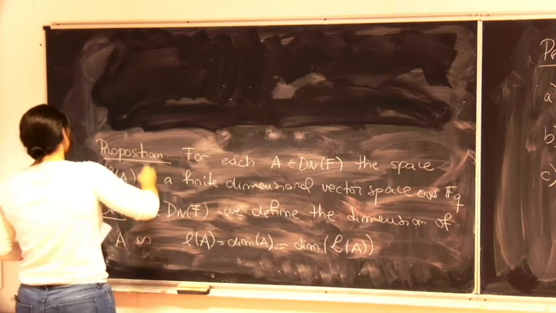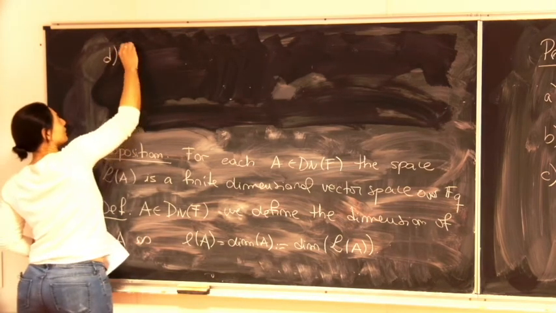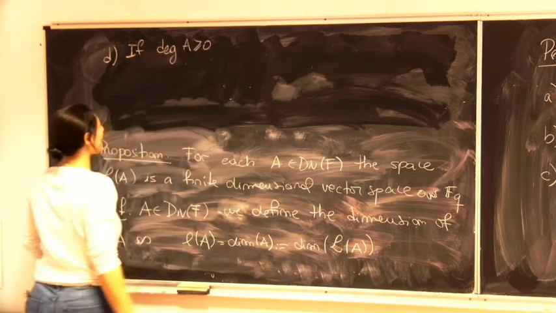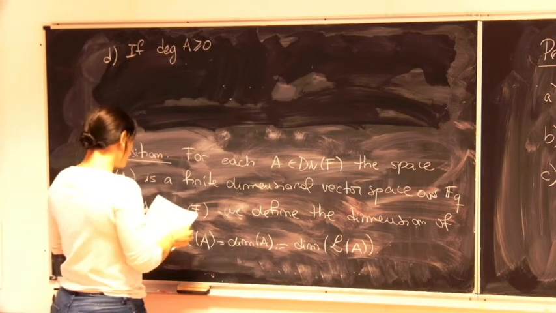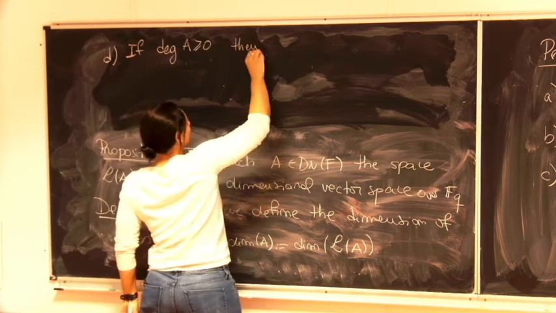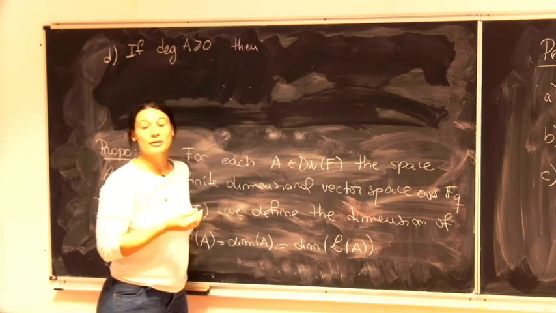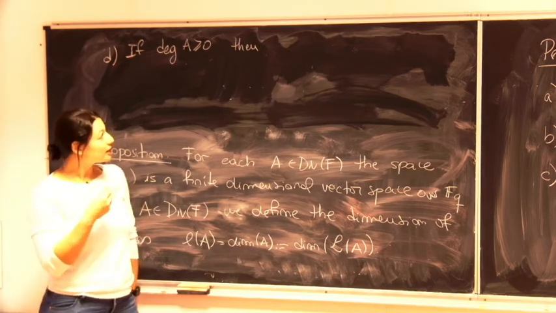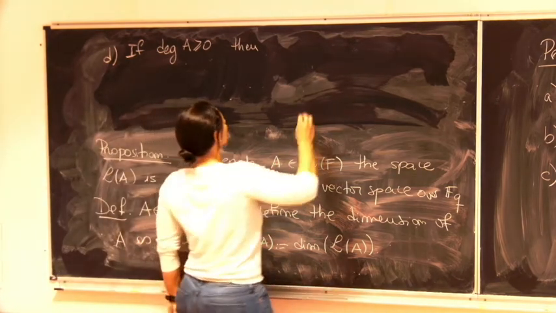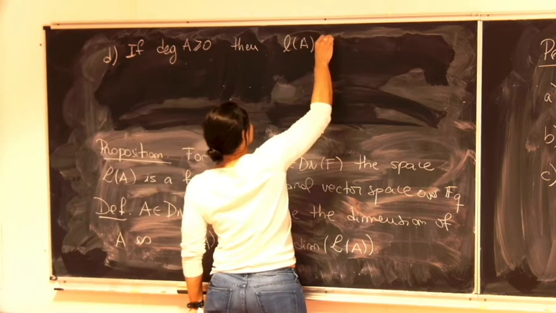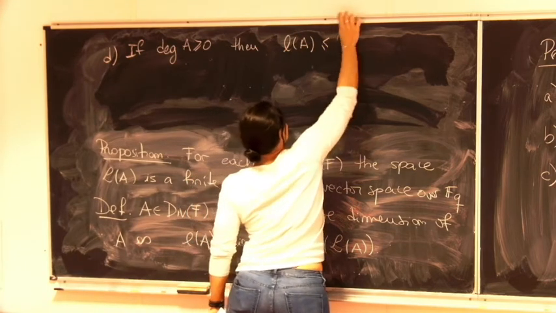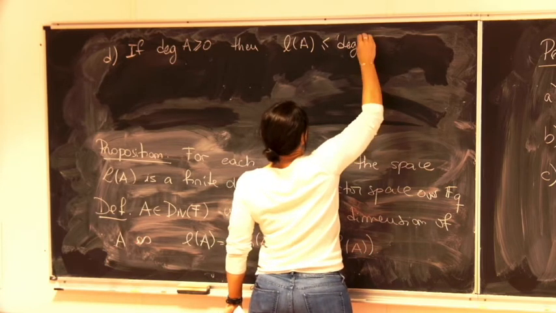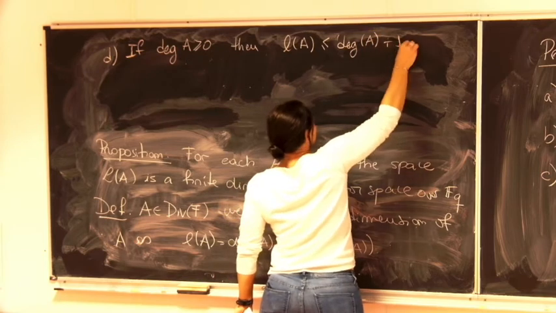Which is that if the degree of the divisor is bigger or equal than 0, then the dimension of the Riemann-Roch space is bounded by the degree of A plus 1.